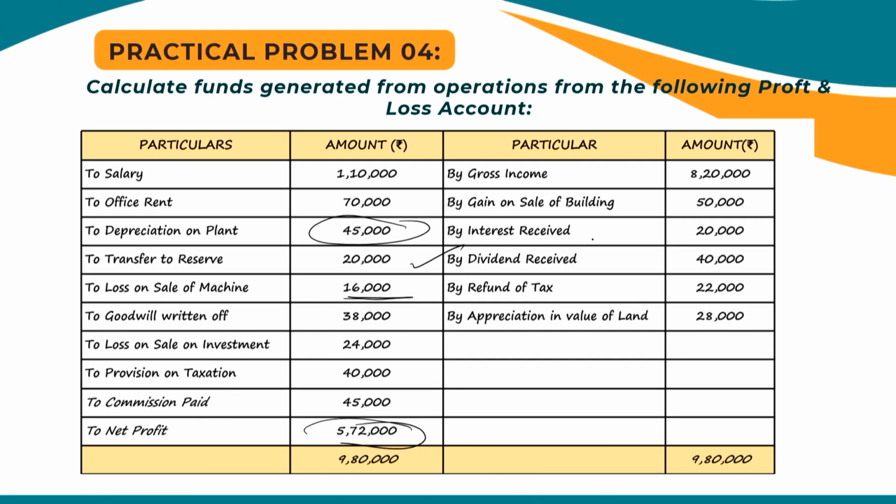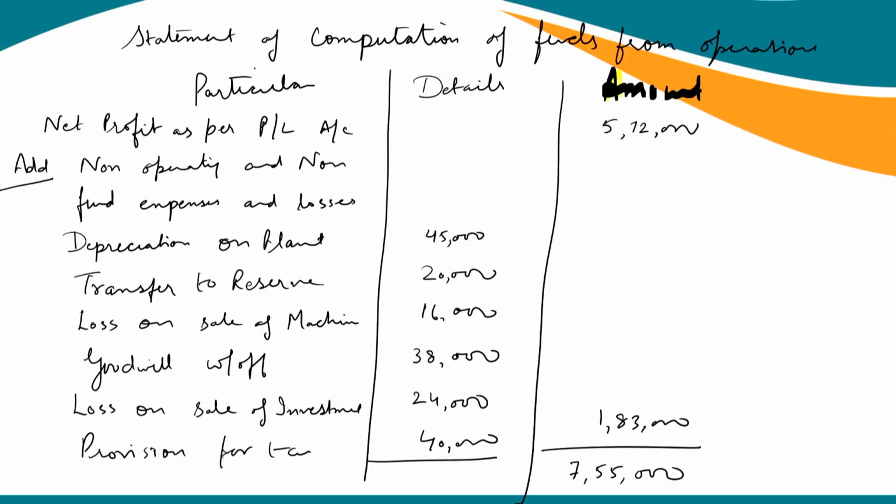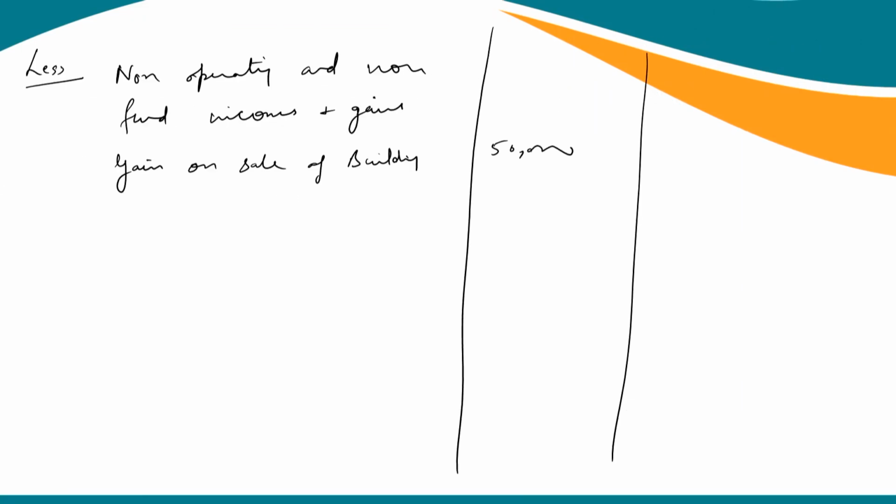Then there is interest received. It is not an operating income, so we will deduct it from the profit. It's interest received, not a part of the daily operations of the business. So it will be taken into account. Similarly, the dividend received is also to be deducted, amounting to rupees 40,000.